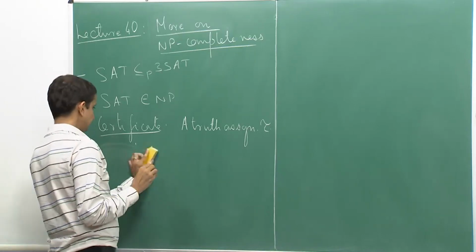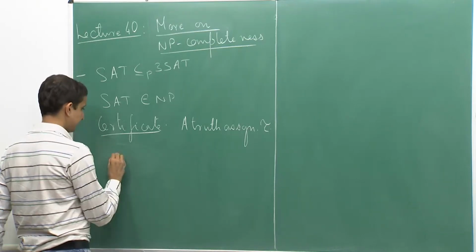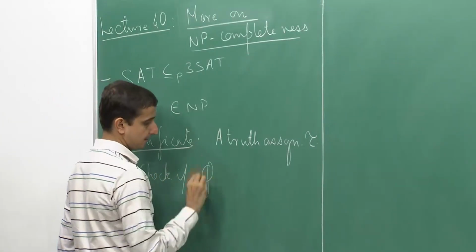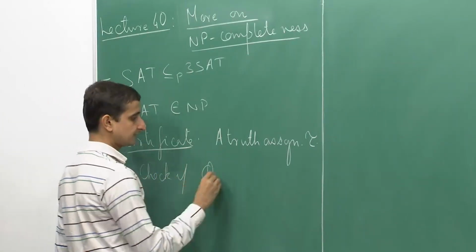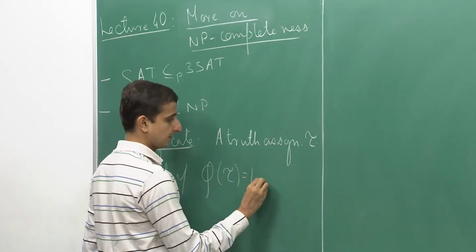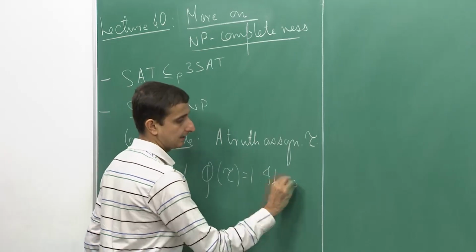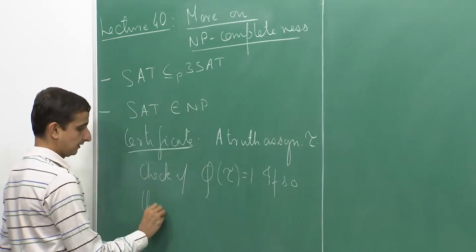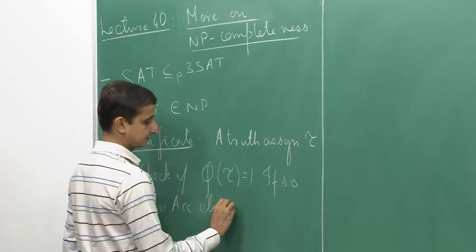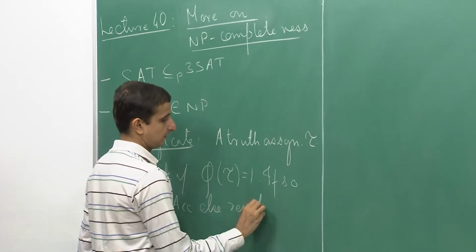Now, you just have to check if, so the Boolean formula is phi. So, check if phi comma tau is equal to 1. If so, then accept, else reject.